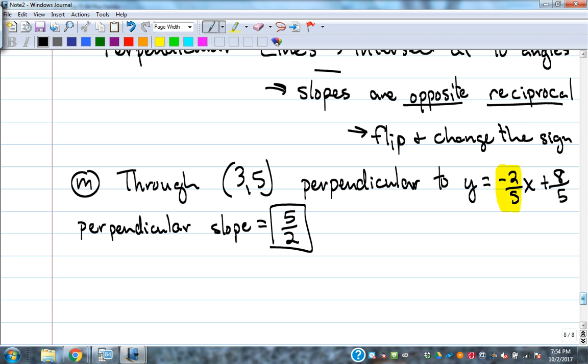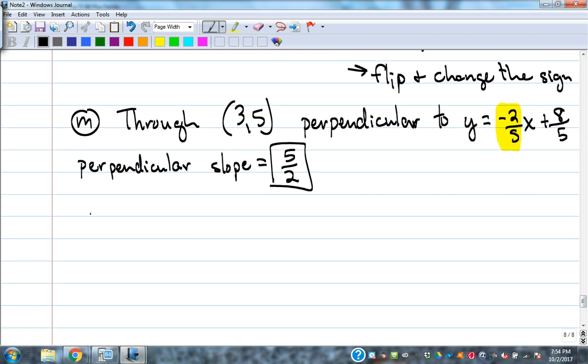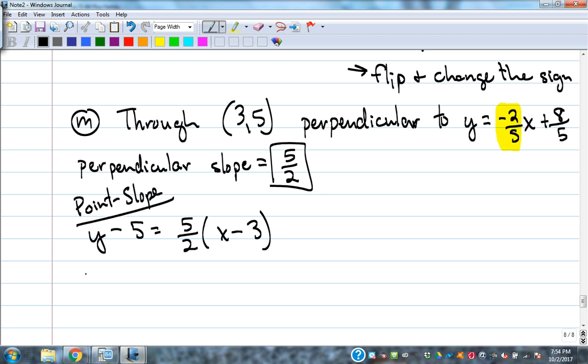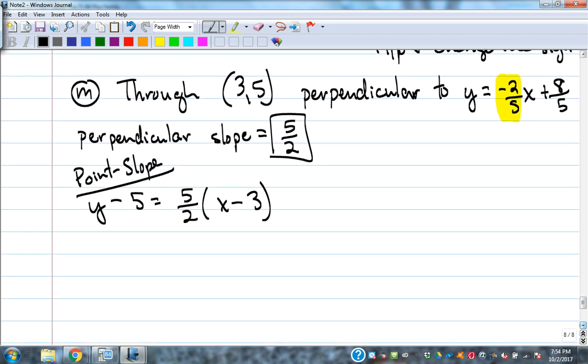You start with point-slope form. y minus 5 is 5/2 times (x minus 3). Done.